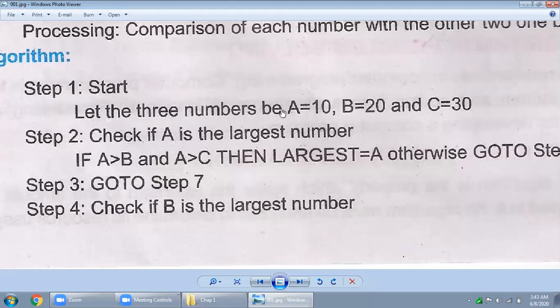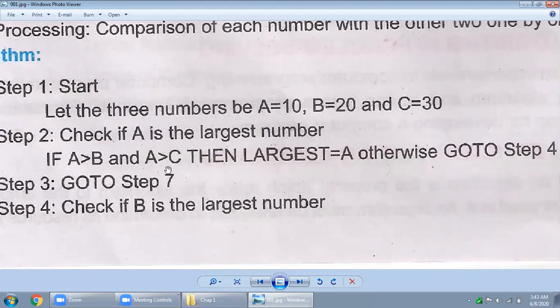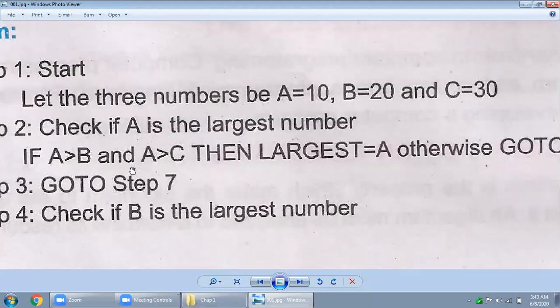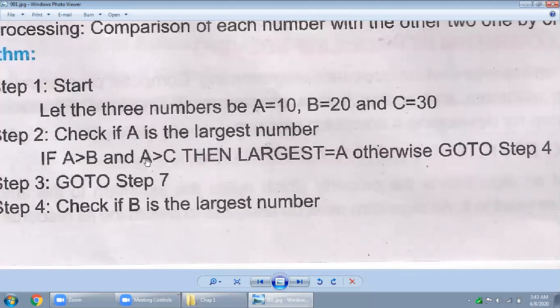But over here, the values say no, A is not. But we will perform all the possible steps, which is check if A is the largest number: A is greater than B, and A is greater than C.